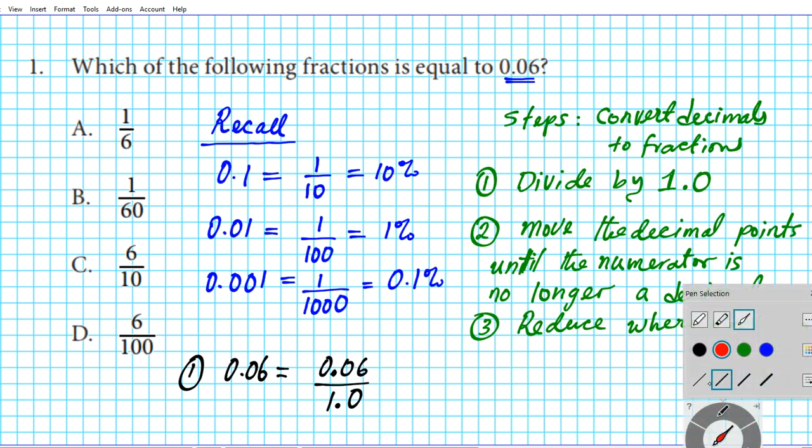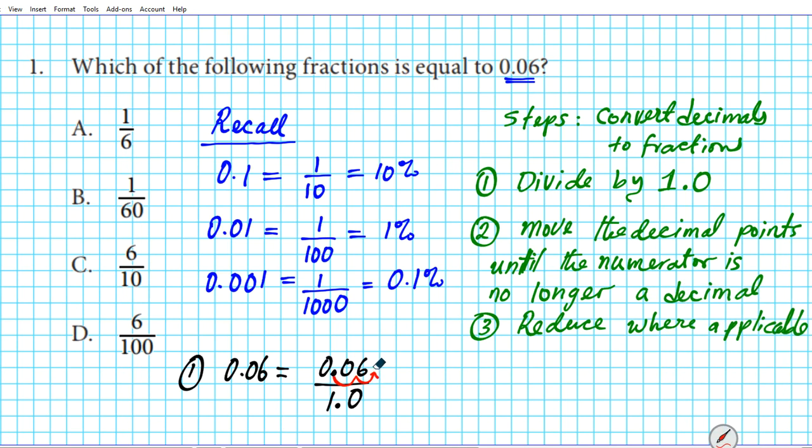The answer is twice. You move your decimal point 2 places to the right, 1, 2, and we'll have 6. In the numerator, that's no longer a decimal. But whatever you do to the numerator, you have to do exactly the same thing to the denominator. So you're going to move it 2 places to the right, also 1, 2.